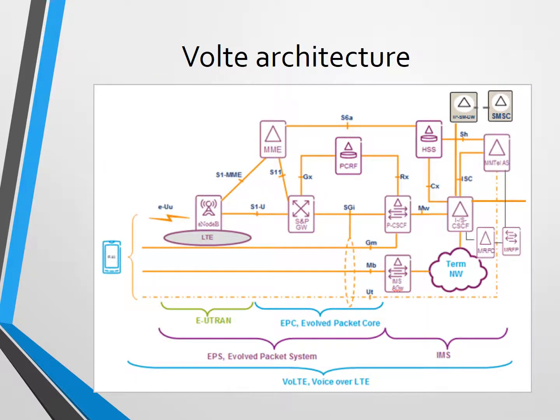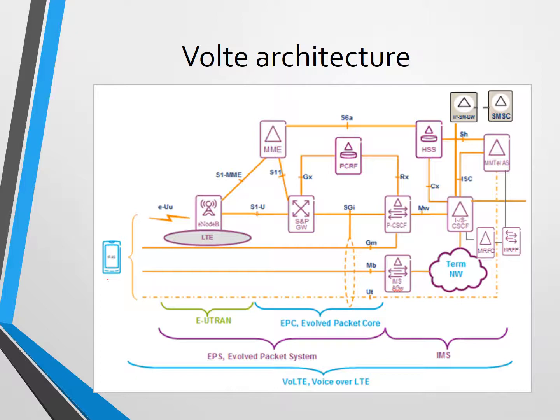And this is a more complex and detailed architecture of the VoLTE system, where we have the UE at this point, then the eNodeB connecting to the MME, then the SGW and PGW.